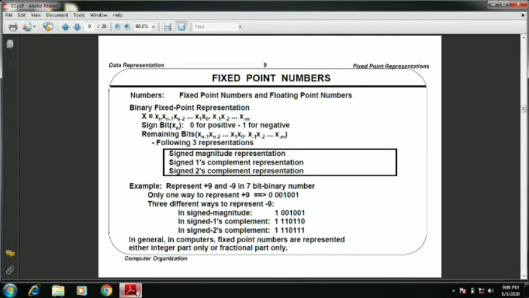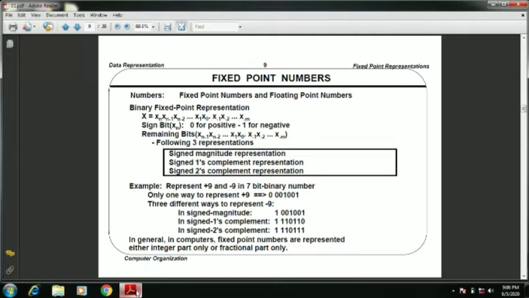So 1 means only the sign bit is complemented. Before, in plus 9, the sign bit is 0, but after complementing, the sign bit becomes 1, and all other remaining magnitude bits are the same. So this is sign magnitude, only the sign bit changes.